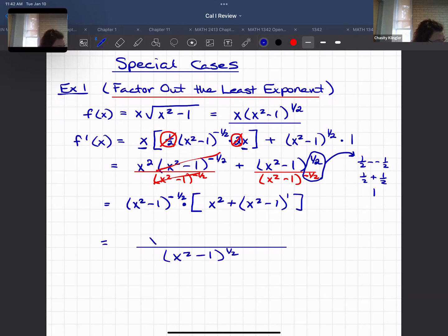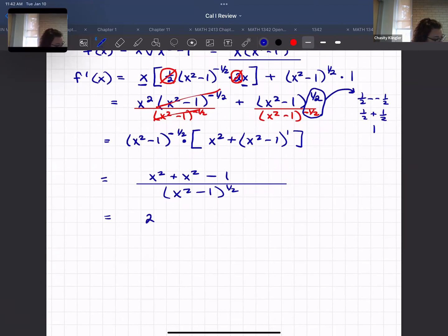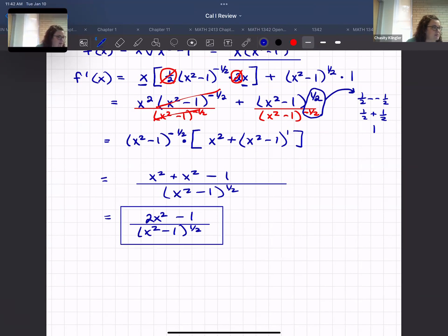And then I've got x squared plus x squared minus 1 on the top, which leaves me with 2x squared minus 1. And that is your simplified answer. So when you see these, it'll say something with no fractions in the numerator and no negative exponents.